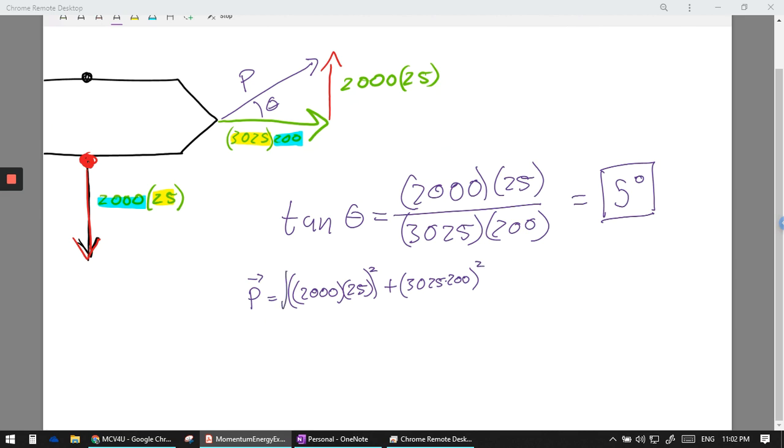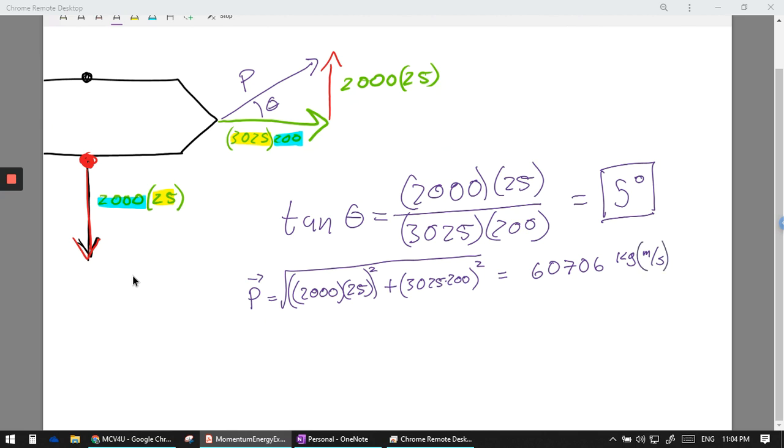That's going to give me that purple vector, but that's a momentum. I'm going to have to calculate that through. All right, so I calculated that. That's 60,706 kilogram meters per second, because that's a momentum.